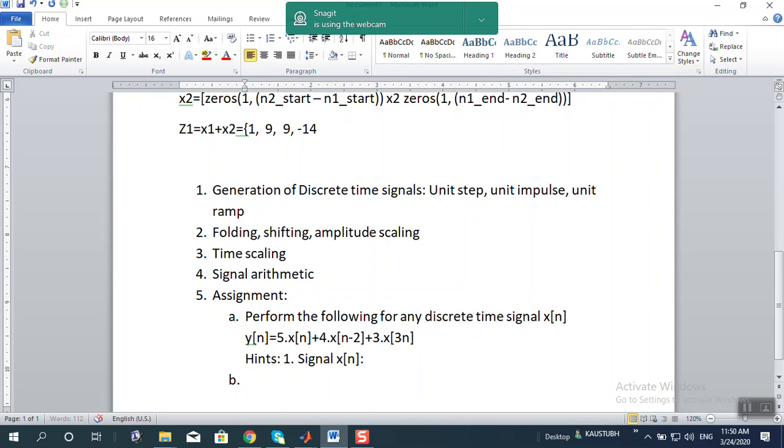For this, take the starting time index of x of n, say n1.